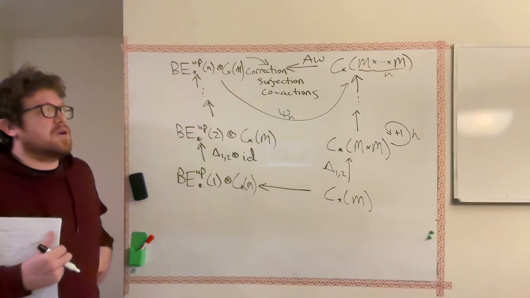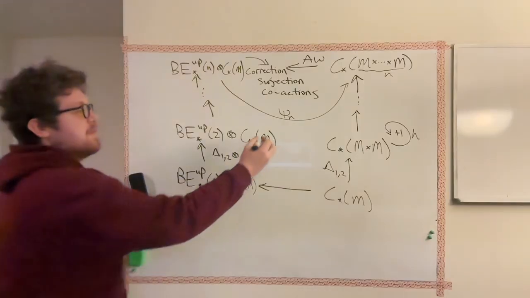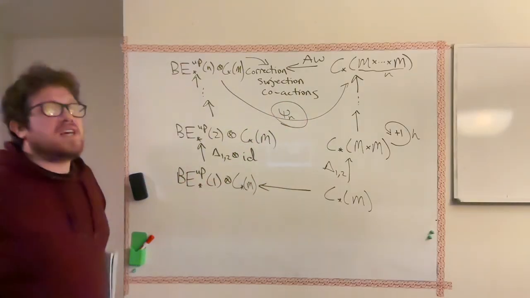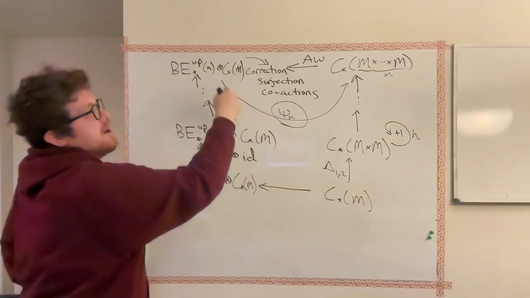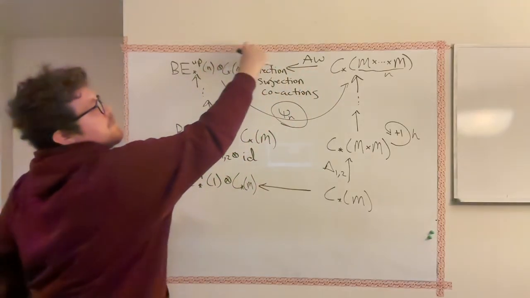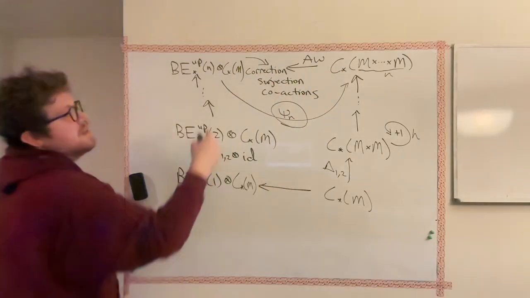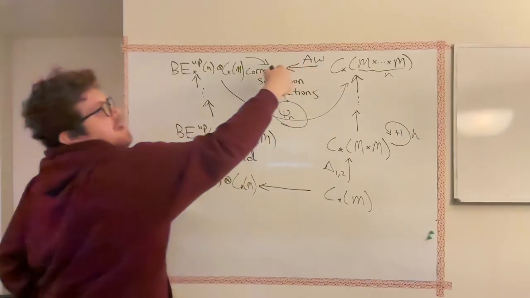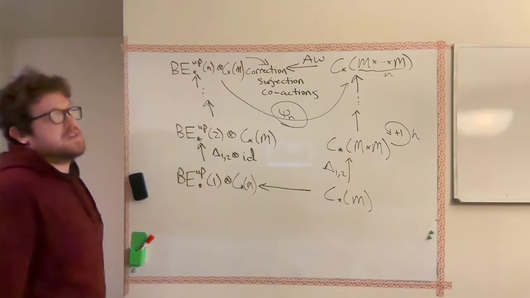We didn't actually define this psi n map, but we said it should exist, and if it exists, it should have this property where I can either go here and then apply Alexander-Whitney, or I can just take the table reduction and then take the coaction, and this diagram should commute.